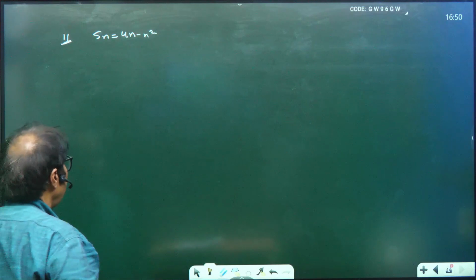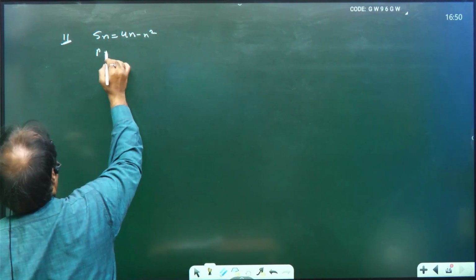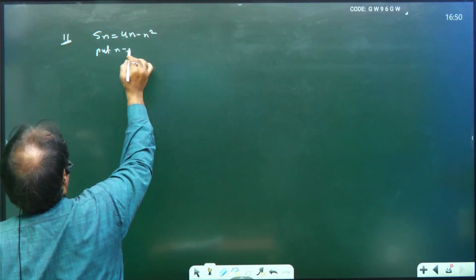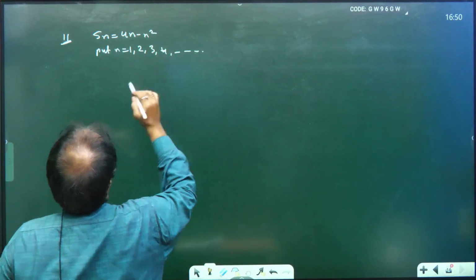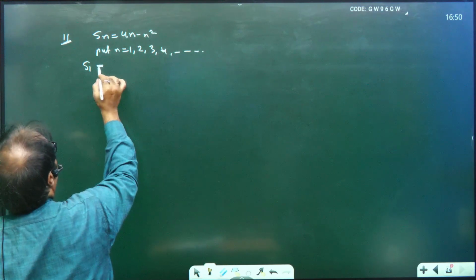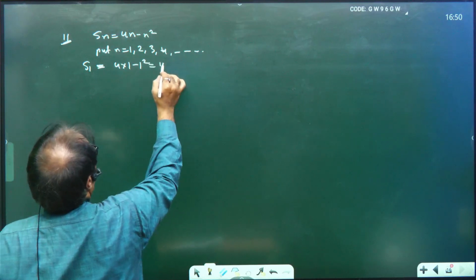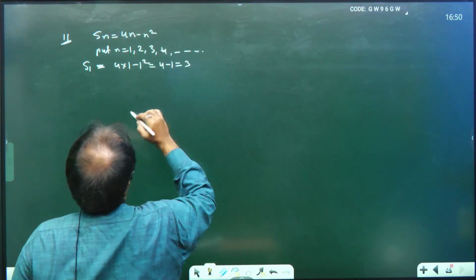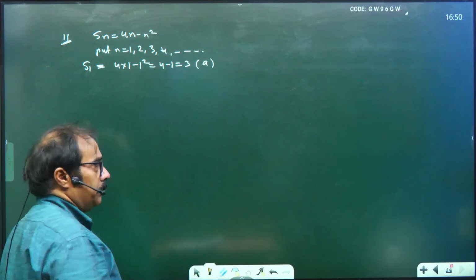So apply here, put n equal to 1, 2, 3, 4, and so on. So n equals 1, S1. So 4 into 1 minus 1 square, 4 minus 1, that is 3. And as per the question, S1 is the first term.